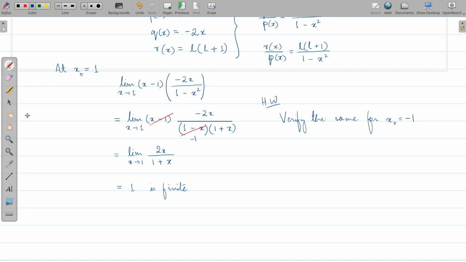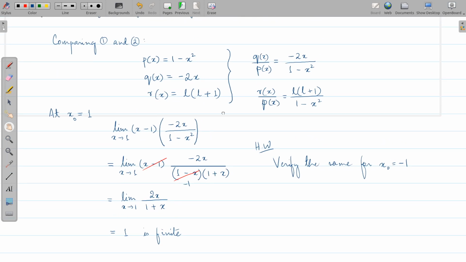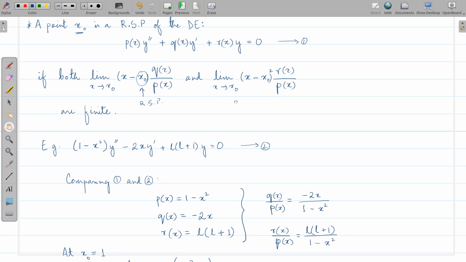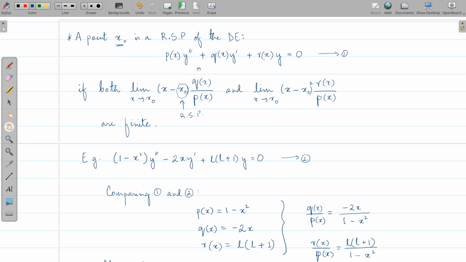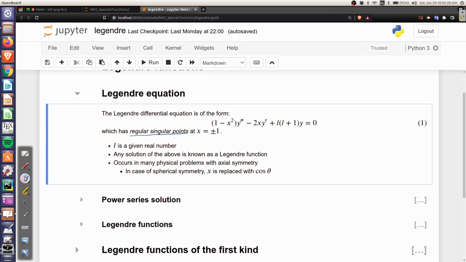You will find that for both x equal to plus 1 and minus 1, both of these limits turn out to be finite, and that means x equal to plus or minus 1 are two regular singular points for the Legendre differential equation.